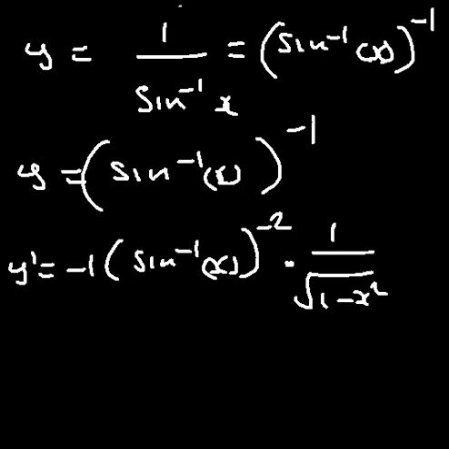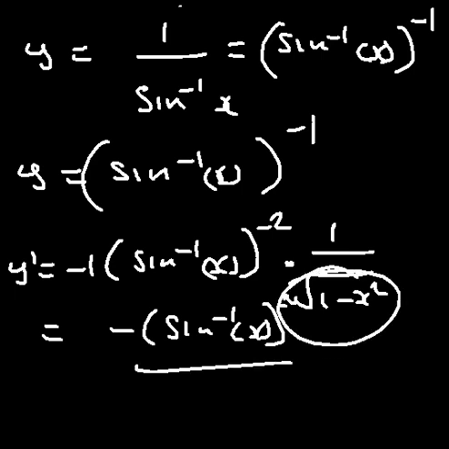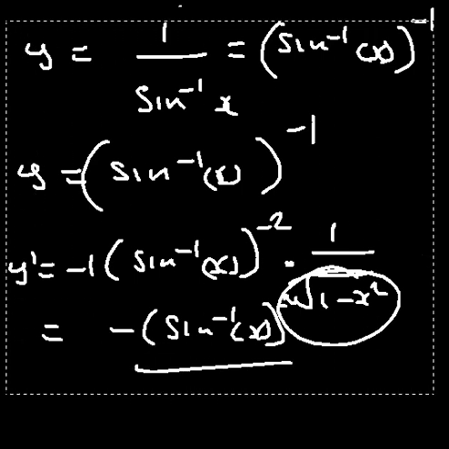Of course, we'll have negative 1 times sine inverse to the power negative 2, divided by this expression. So now you can get what is happening there.